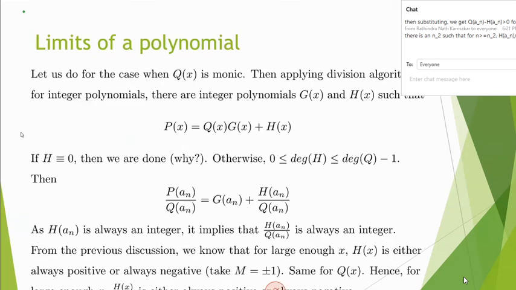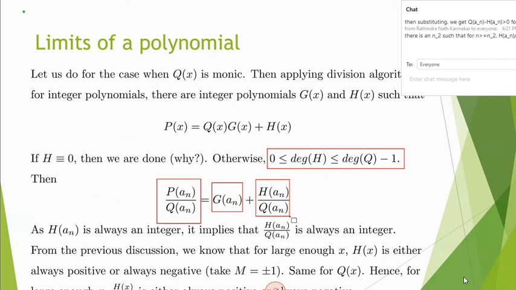Here, we were dealing with the case when 0 is less than or equal to degree of h, which is less than or equal to degree of q minus 1, and we said that since p of n by q of n is always an integer and g of n is always an integer, h of n by q of n is always an integer. But just now we have proved that h of n by q of n lies between 0 and 1 for large n. That is a contradiction.